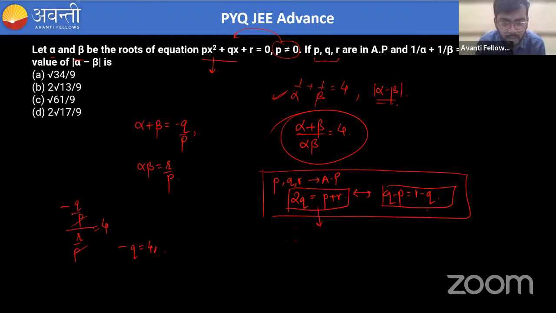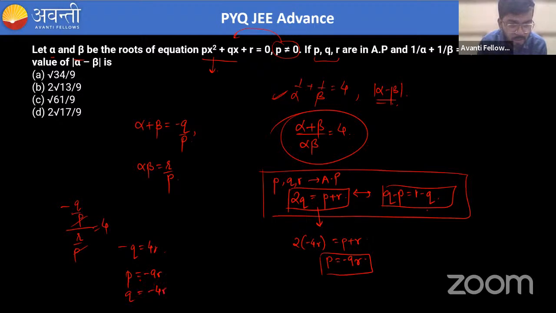So what I'll get here is 2 times of minus 4r equals to p plus r. So p will be minus 9r, right? So we got p as minus 9r, q as minus 4r. So p, q, r are in AP in this pattern.